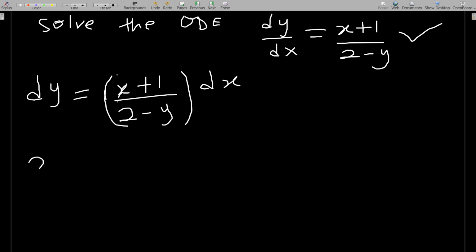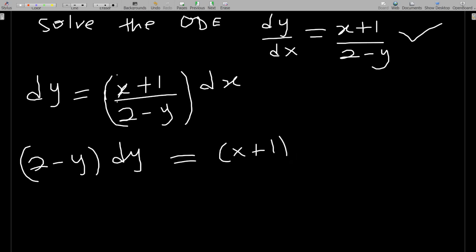So you have 2 minus y multiplying dy, then the 2 minus y on the right side cancels the denominator, so you have x plus 1 dx. In effect, you are separating them into their respective variables. Realize that only y's are here and only x's are here with respect to dy and then dx.